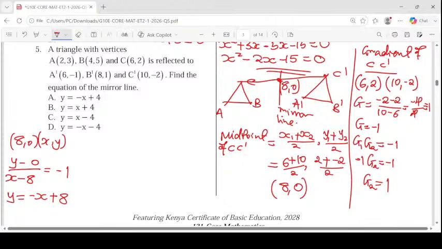let us see exactly what is there for us. 6 plus 10 is 16 divided by 2. 2 plus negative 2 is 0 divided by 2 is 0.